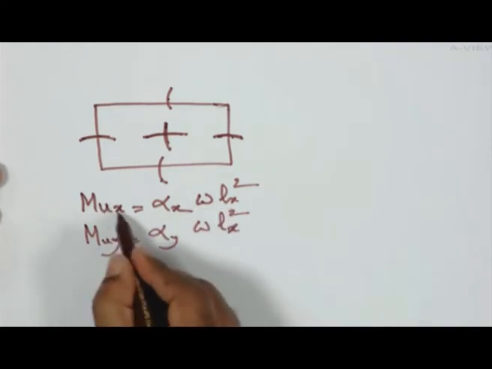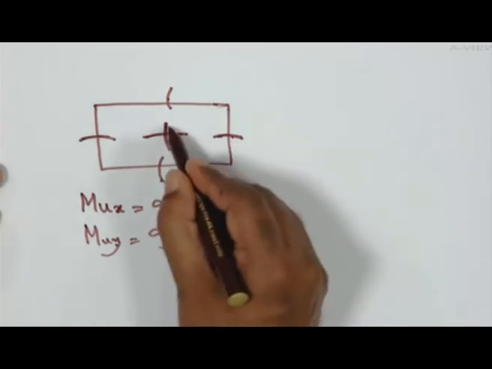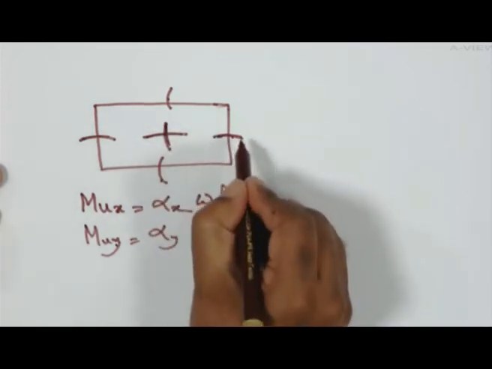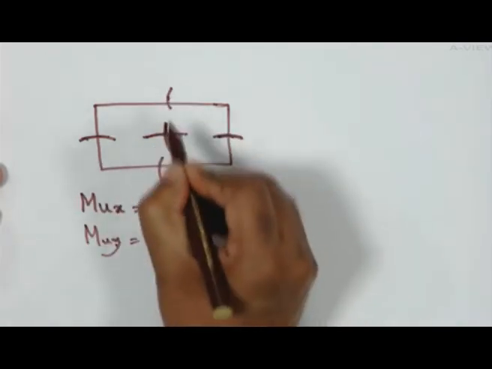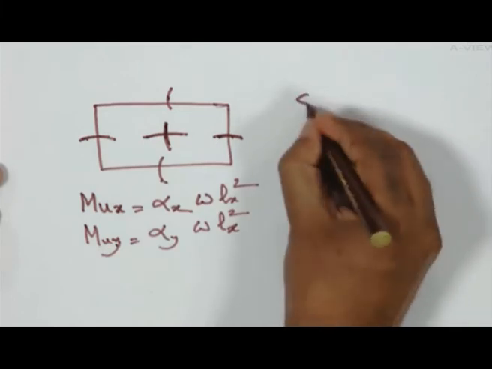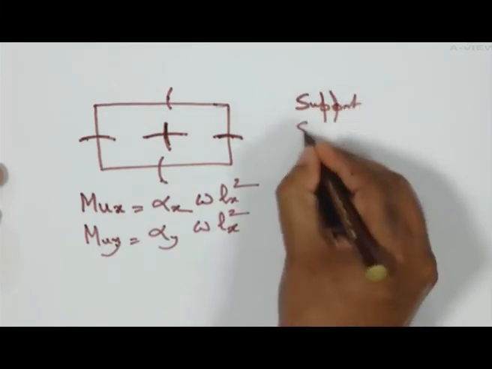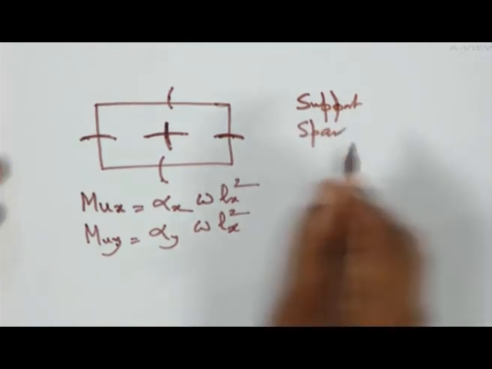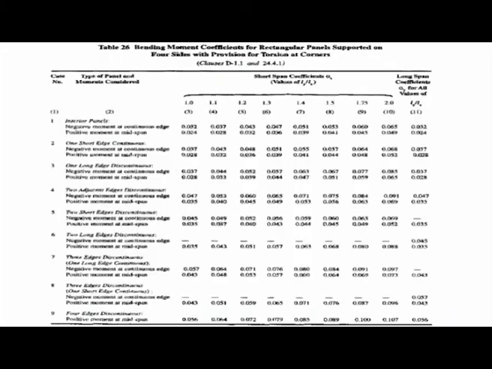That means one side it will be mu x, another side mu y, and then I shall find out at support and at span. So I shall get the value at support and then at span also.